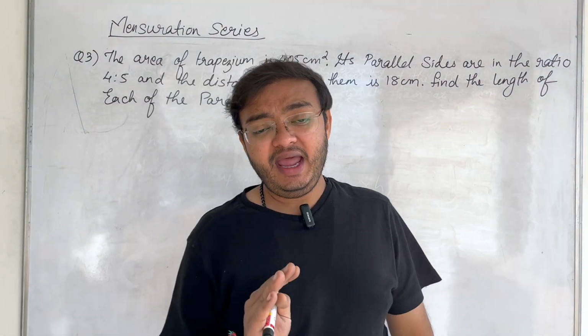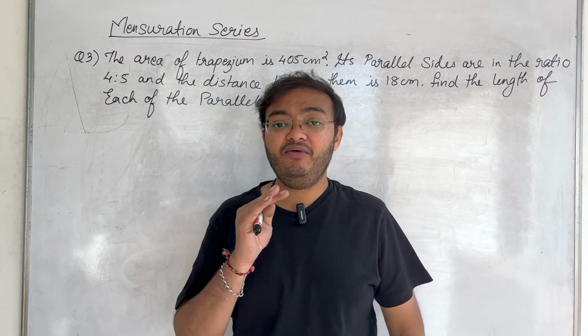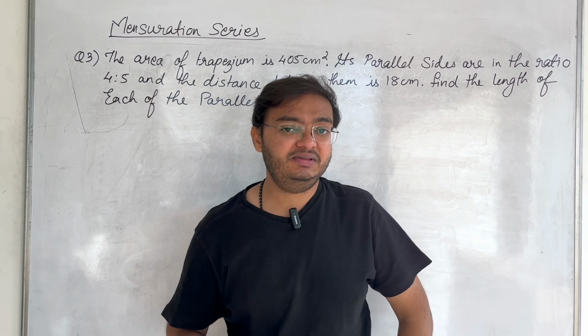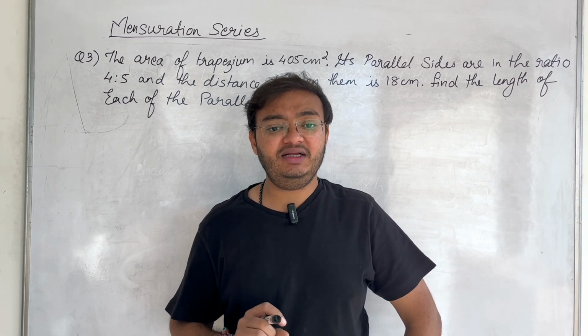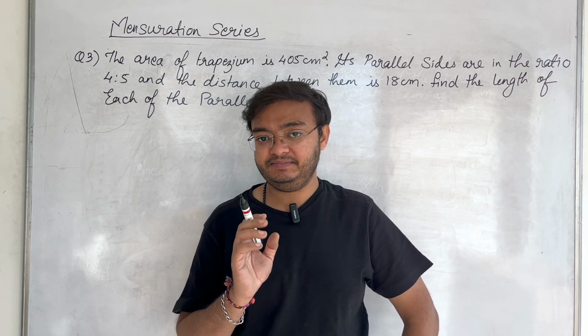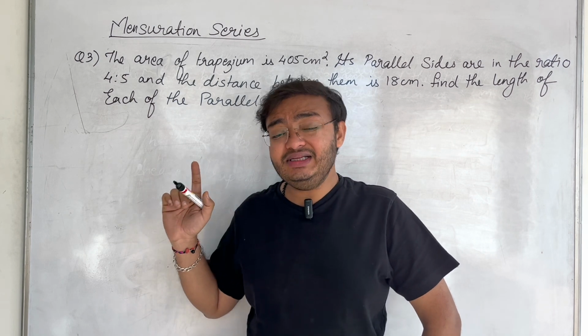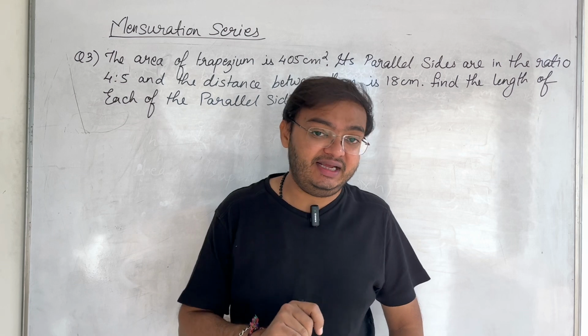So whenever any data is given in the form of a ratio, then we always represent this ratio with variables. Like here I am going to take the length of the parallel sides in terms of x. Why? Because these are not the actual measurements of the parallel sides.